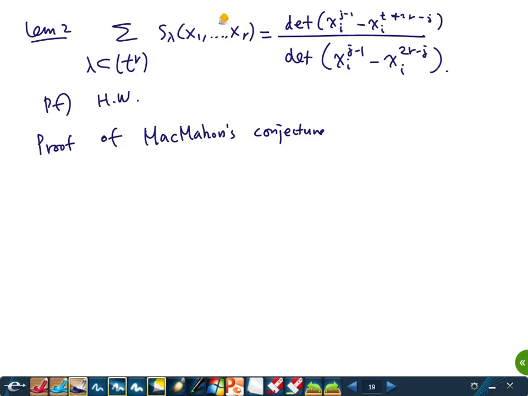And we express this as a quotient of determinants. All you need to do is to evaluate this using the Vandermonde determinant type B. All right? That's also a homework problem. We need to evaluate the two determinants.